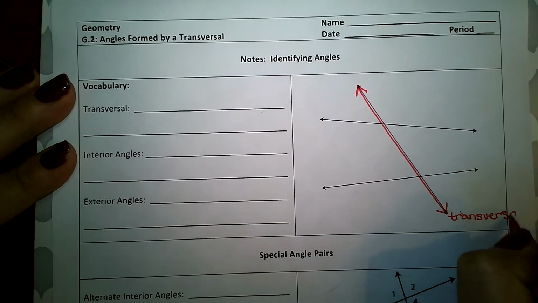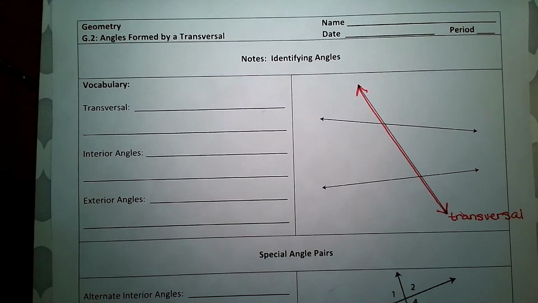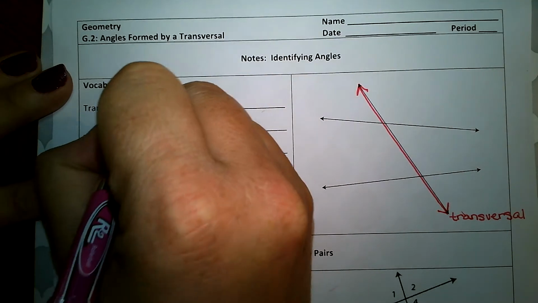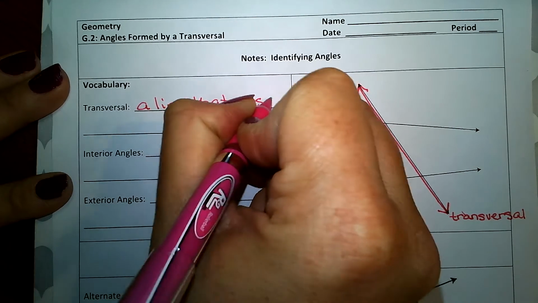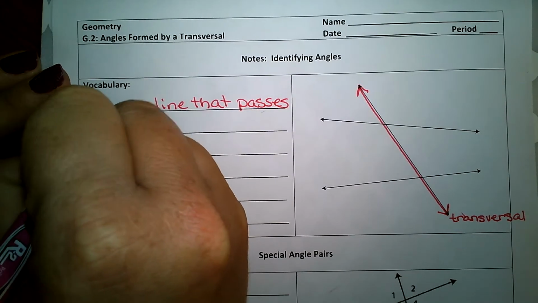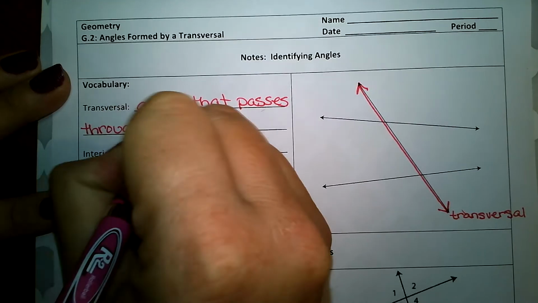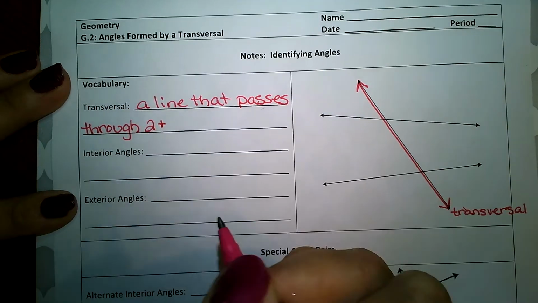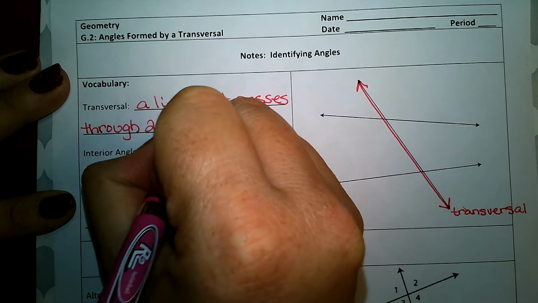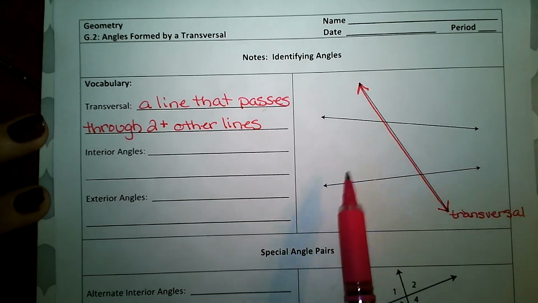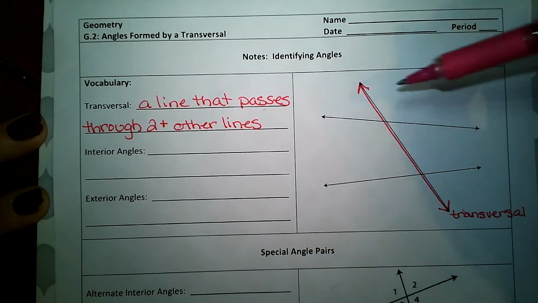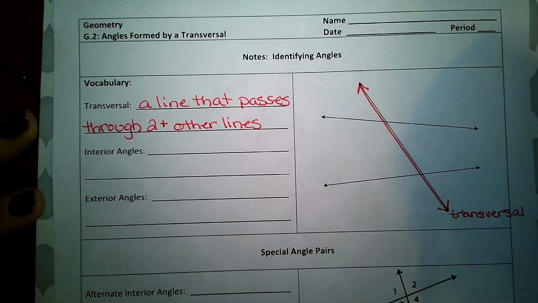A transversal is a line that passes through 2 or more other lines. So we could have all kinds of lines going horizontally, and this line that's cutting through would still be the transversal.